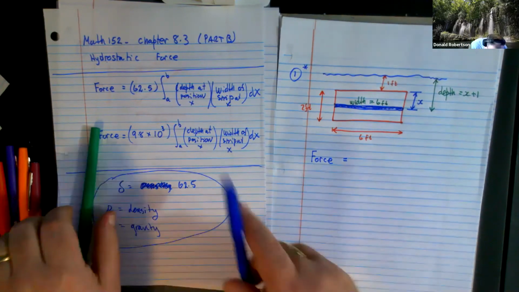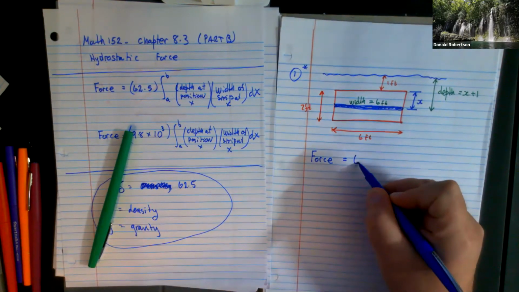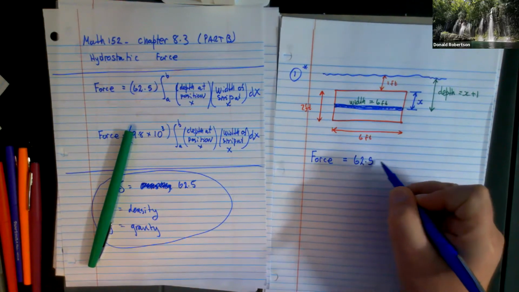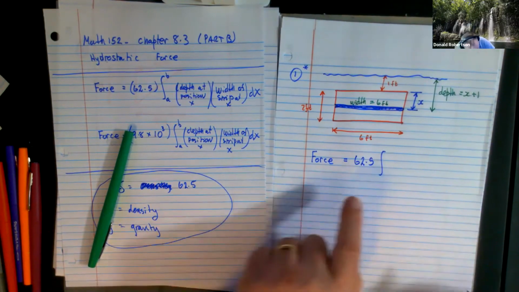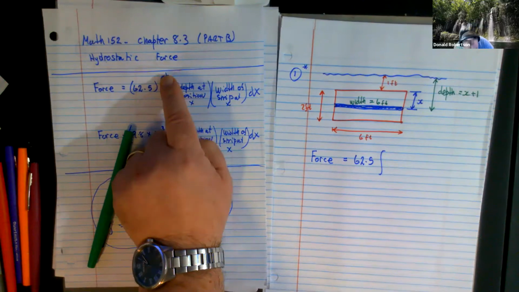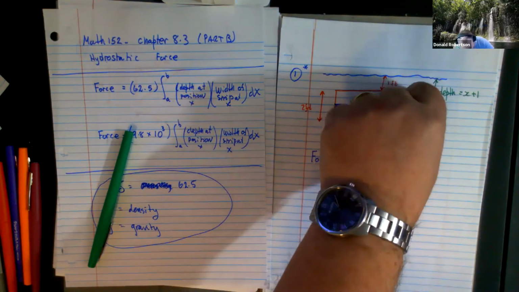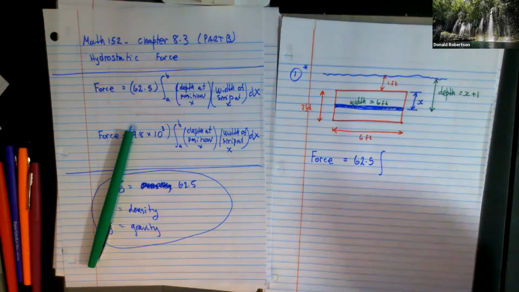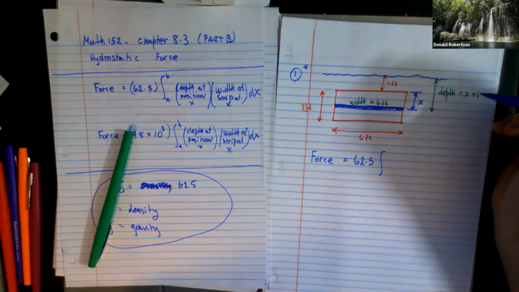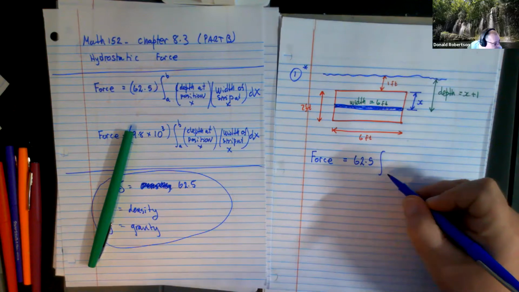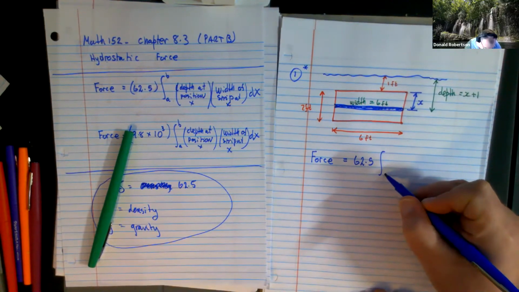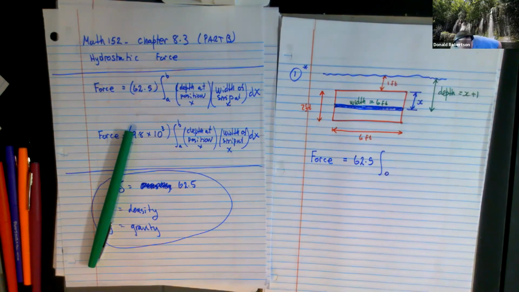So you want to get the force, 62.5, the integral. Now A and B represent the values of X at the top and the bottom of that shape. So at the top of this shape, x could be 0, and at the bottom of that shape, it would be 2.